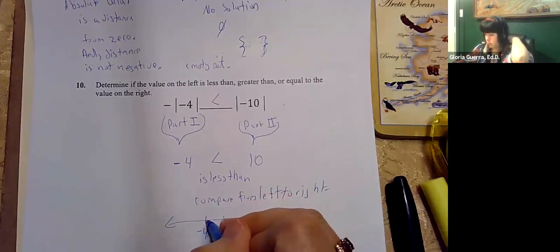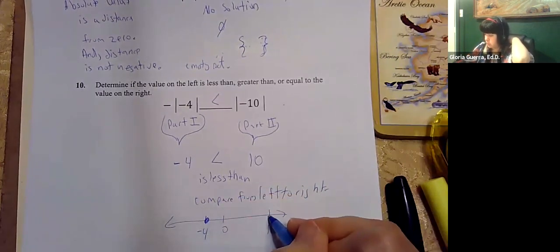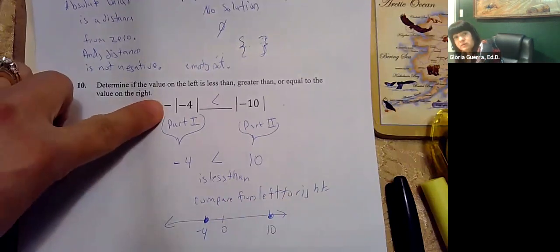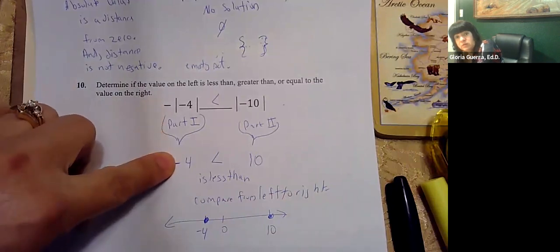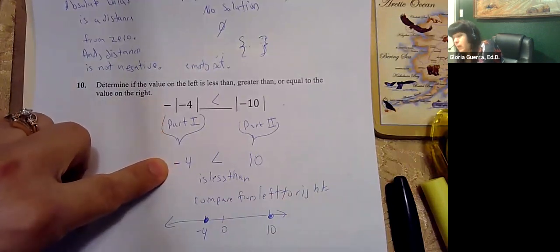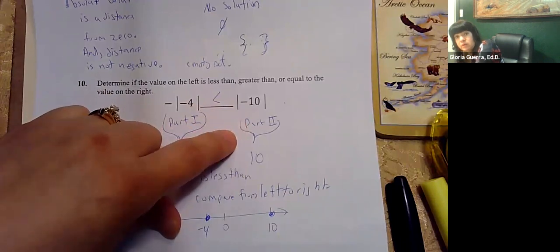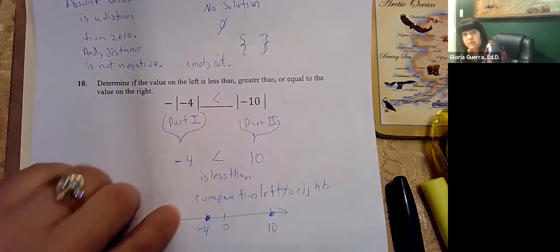I put little bullets on those numbers. It also shows you that -4 is less than 10. This one has the negative outside of the bars, so it uses vocabulary. This one doesn't have the negative outside of the bars. It's just less than.